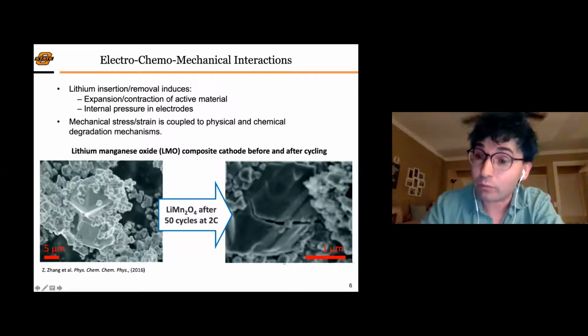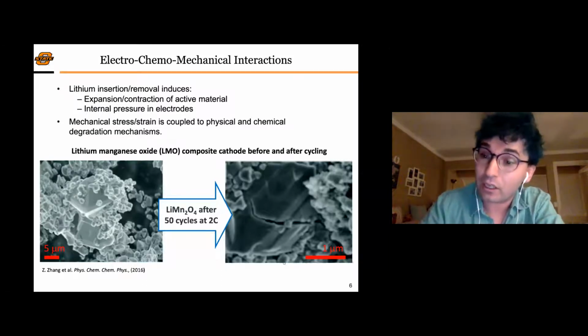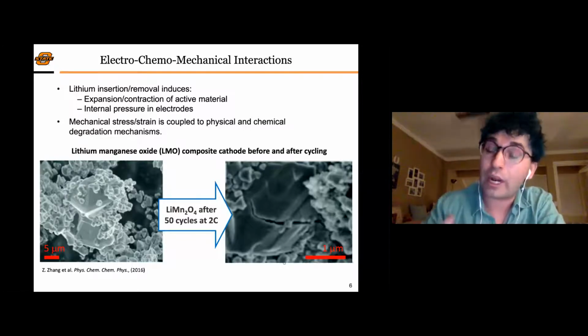When cracking forms, it generates isolated and inactive particles, which is one reason the capacity is reducing. Also, it increases the surface area, where the other 2 factors, SEI formation and dissolution, also intensify, which further escalates the capacity loss in these materials.